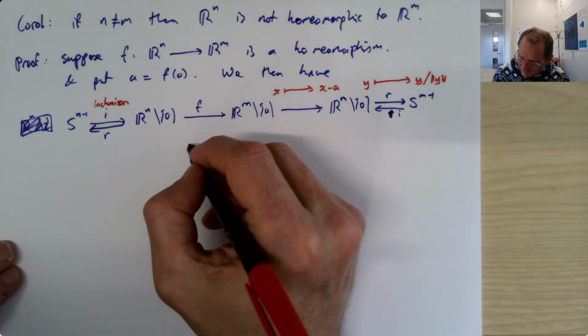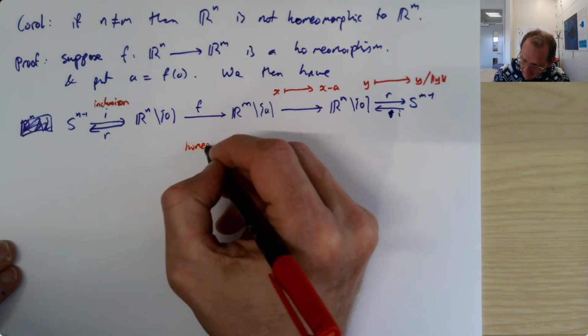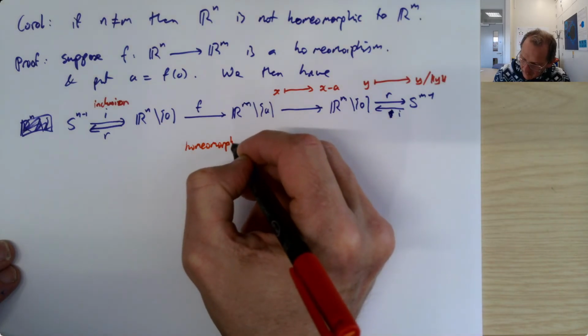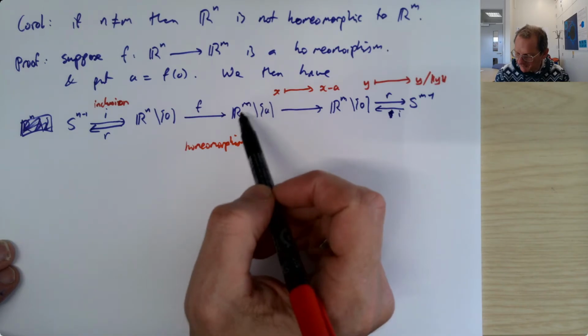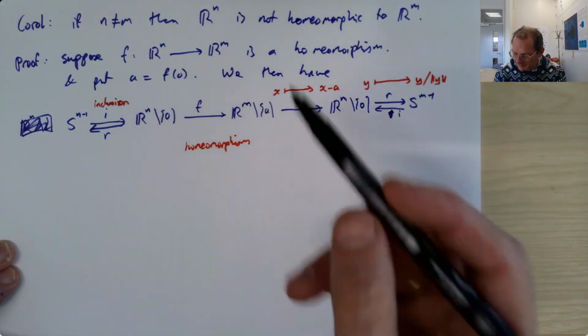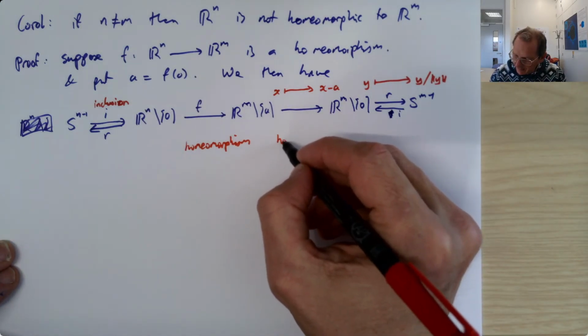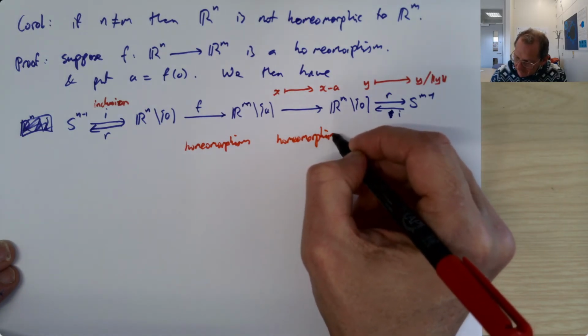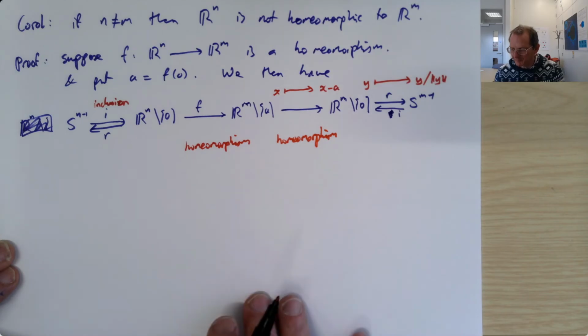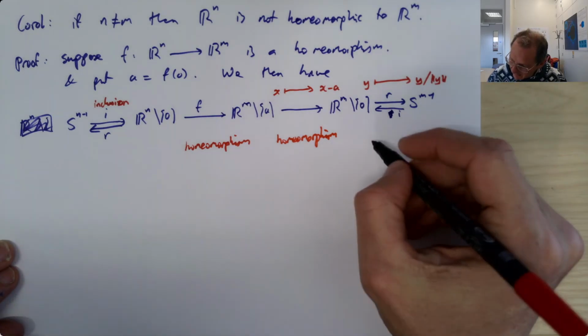Okay, so this map here is a homeomorphism. That's because f is a homeomorphism from R^n to R^m, and then you remove one point, it's still a homeomorphism. And then just translation here is obviously also a homeomorphism.